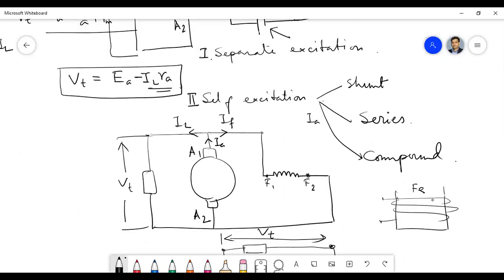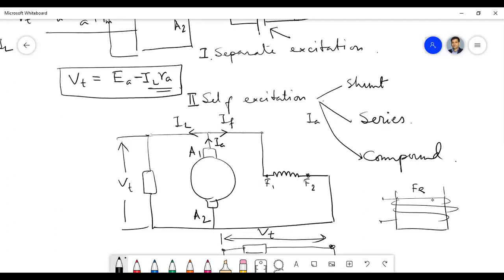So iron already contains some residual flux. If we don't have that magnetic excitation, still we have some sort of flux which is called the residual flux, and which has very low value, but that is sufficient to develop some amount of voltage with a sufficient speed.